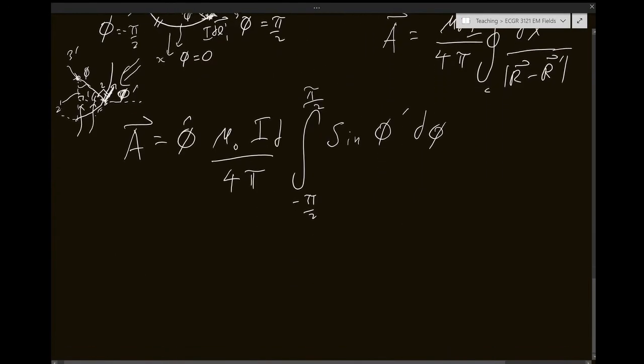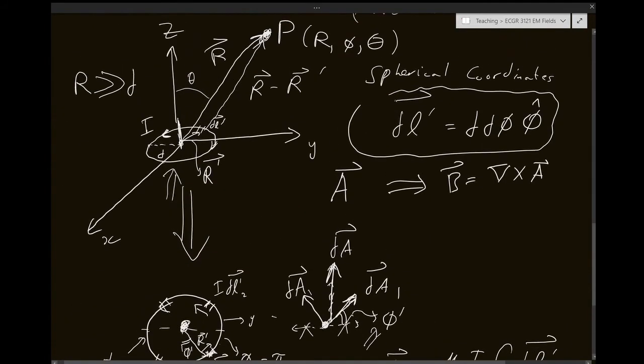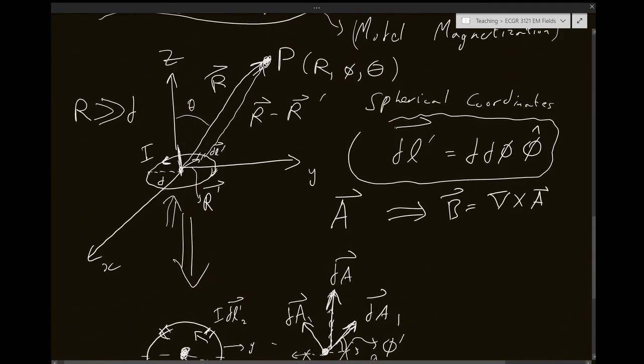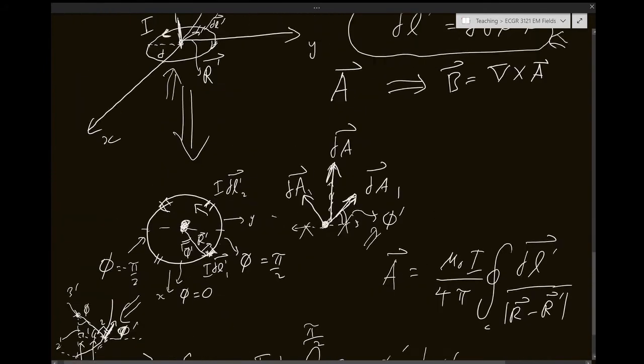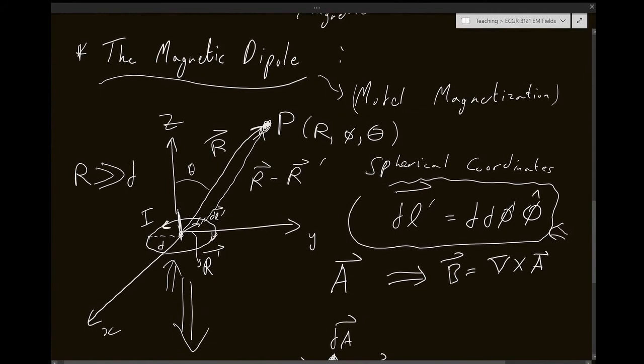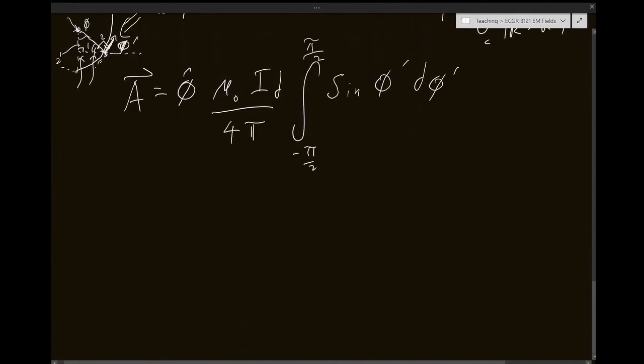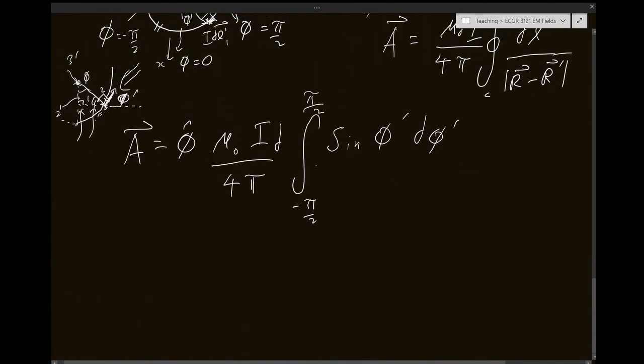D is constant. And then I have d phi prime. I applied this thing, the linear element, and this is a vector, of course. Okay, over r minus r prime magnitude, Weber per meter.